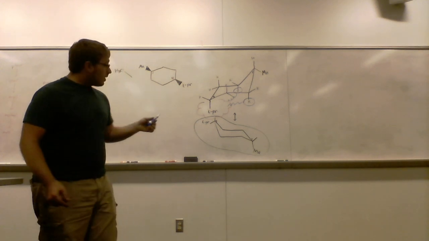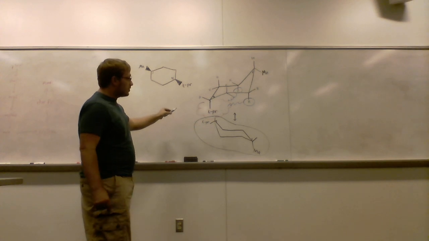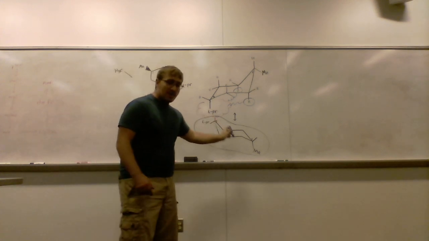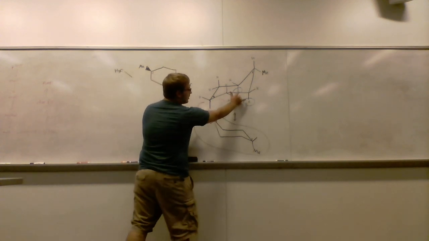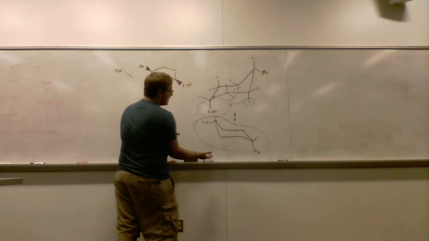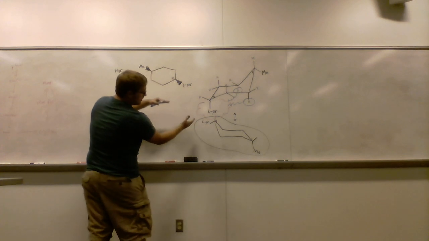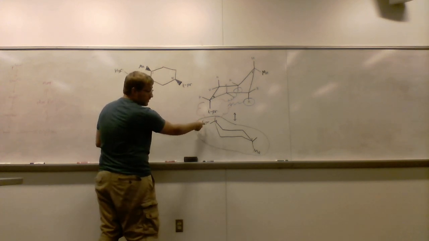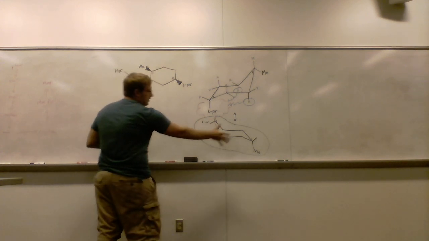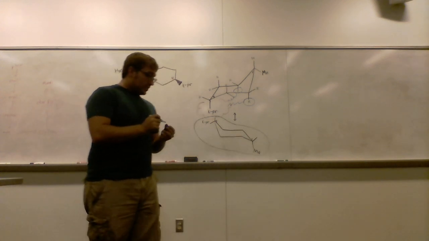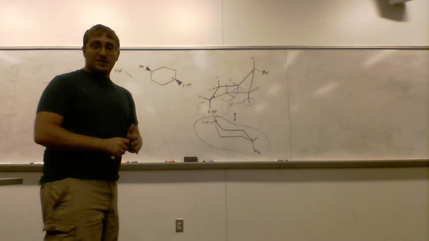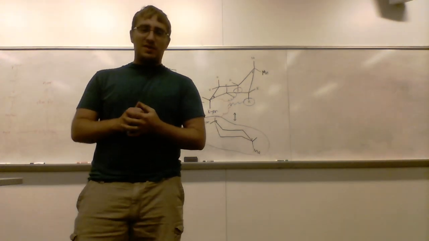And that is why we want to put isopropyl into the equatorial position and methyl in the axial. Remember, isopropyl is larger, has more steric hindrance with these protons on the bottom side, and therefore we prefer it to be in the equatorial position, which is further away from the rest of the mess of the cyclohexane. So this hopefully helped explain chair conformations for everyone in the class.